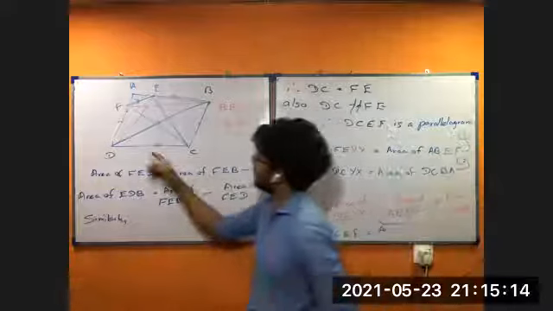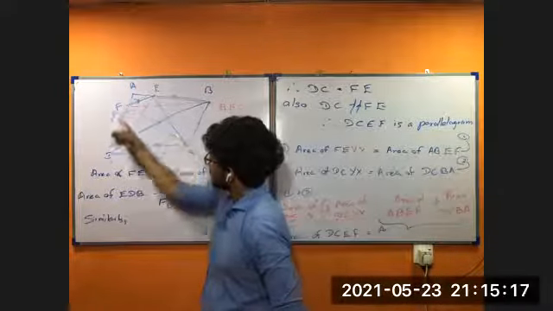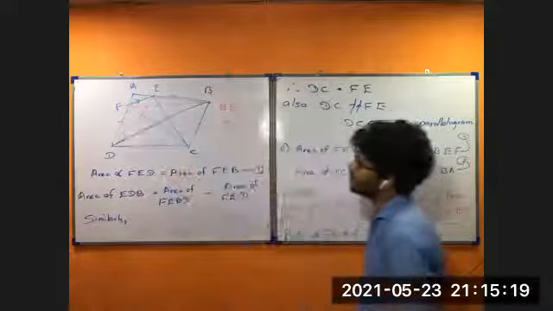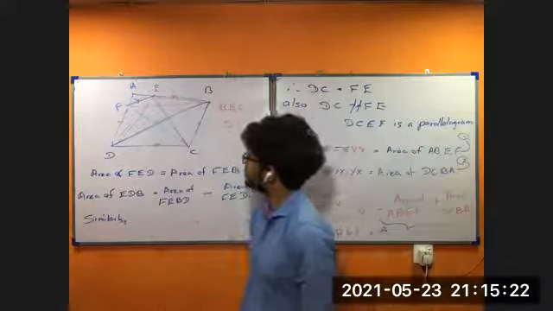DFC. So we have DFC, this triangle. So what is with that triangle? What triangle do I have to think of?